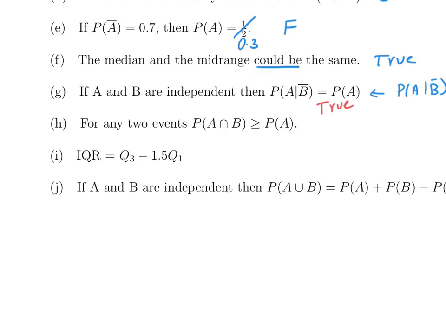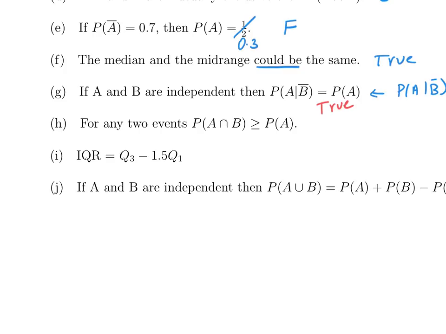Part H, the probability of A and B is always greater than the probability of A. Well, this is actually false, and the reason is this.